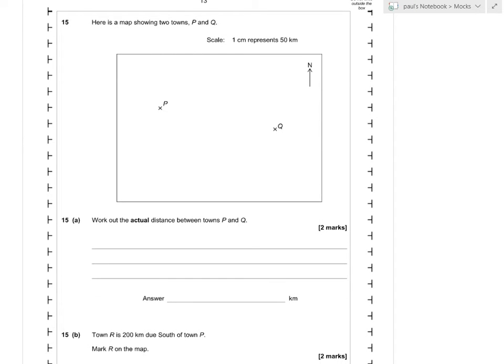Number 15. Work out the actual distance between towns P and Q. Ooh, we've got to measure. I can't measure on the screen, but we'll see what we can do. Let's say that is about an A4 size piece of paper, and we'll measure that line.